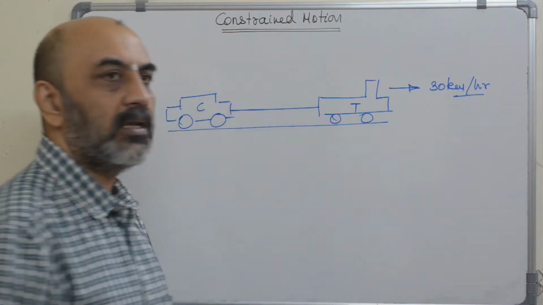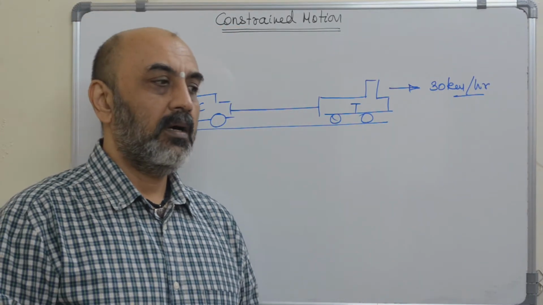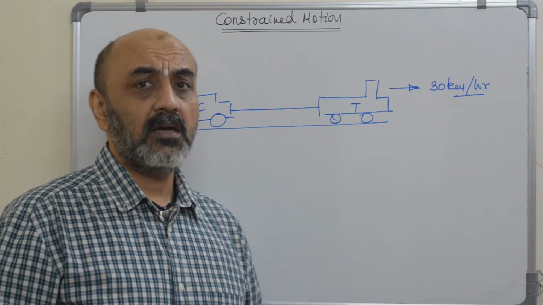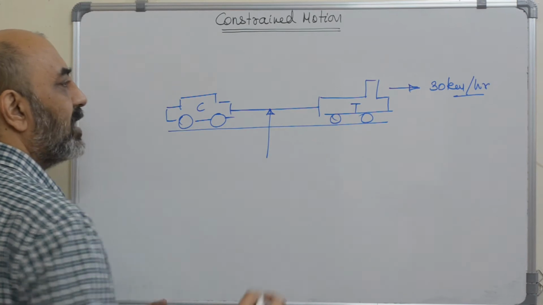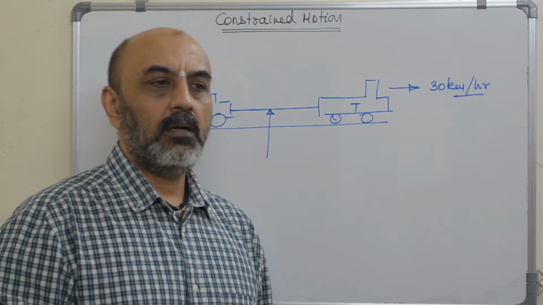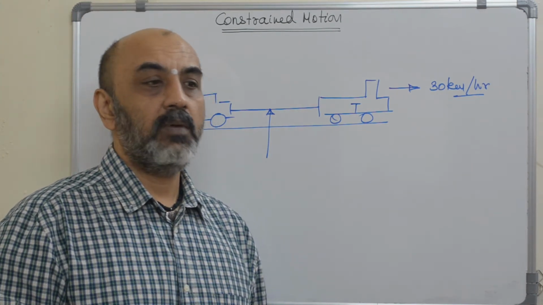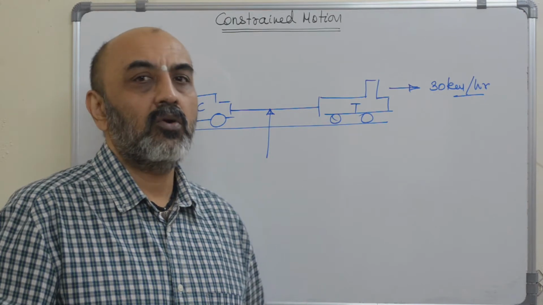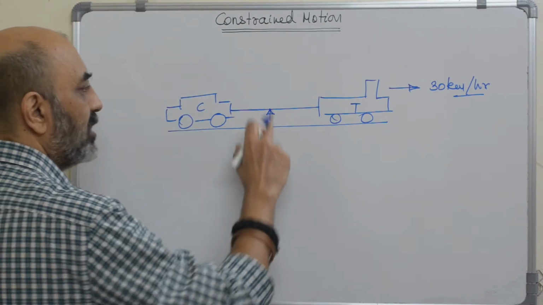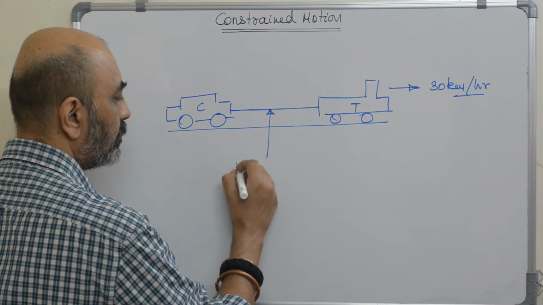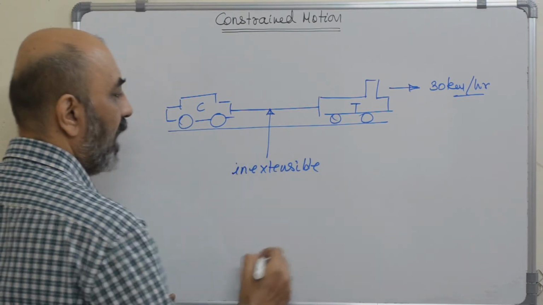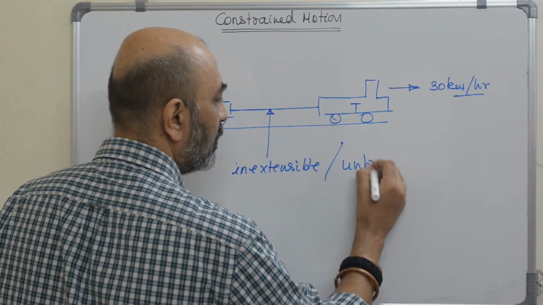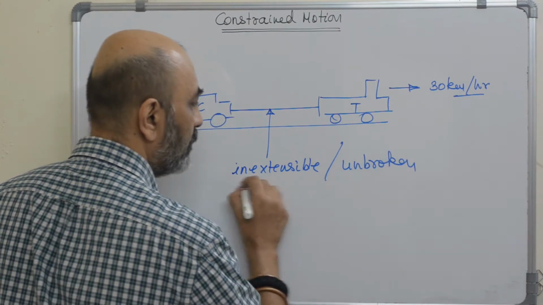Now we are going to make a practical assumption, and that is this rope or this connector, this could be a chain, it could be a steel rope, it could be a nylon rope, we don't know. So we are expecting this rope over here to be inextensible and it remains unbroken.